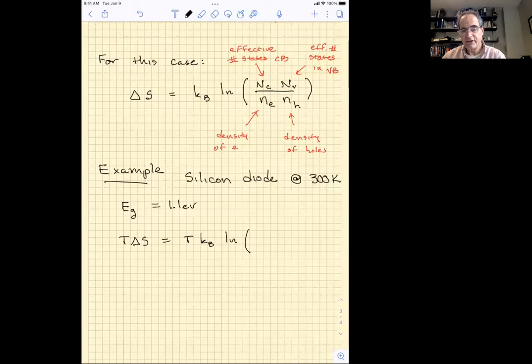Now the effective number of states in the conduction band is a number that you can look up for silicon. It's about 1 times 10 to the 24th per meter cubed, whereas the density of states in the valence band is about 3 times 10 to the 24th.